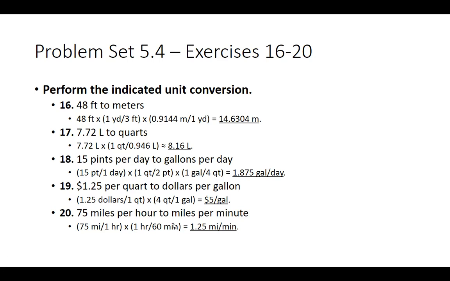That conversion factor is 1 hour over 60 minutes. Hours cancel, leaving us with miles on top and minutes on the bottom like we need. 75 divided by 1 times 1 divided by 60 gives us 1.25 miles per minute.